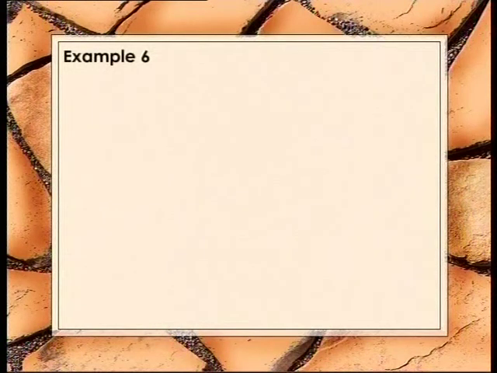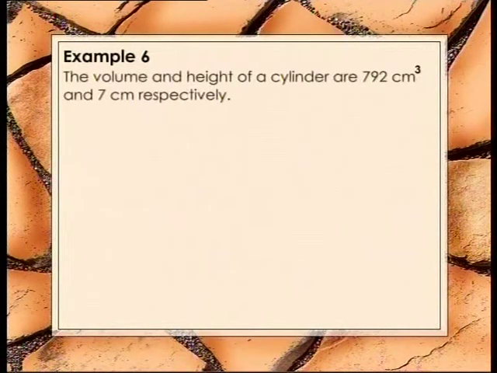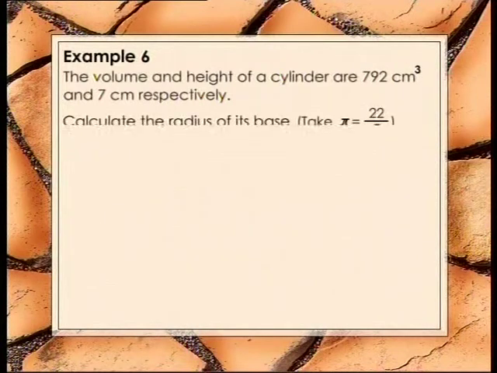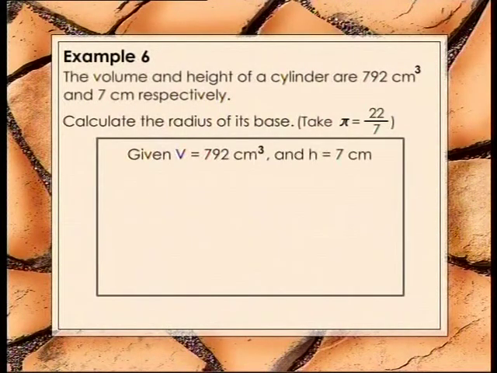Example 6. The volume and height of a cylinder are 792 cubic centimeters and 7 centimeters respectively. Calculate the radius of its base. Take pi equals 22 over 7. Given V equals 792 cubic centimeters and H equals 7 centimeters.